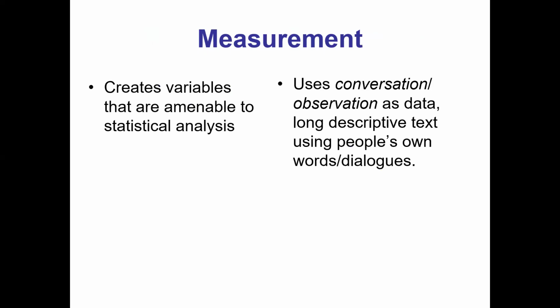For measurements, you use observation data or conversation data, long descriptive text using people's own words and dialogues. When you are doing the measurements, you need to think about how much data you are taking, and write it down in the scripts while doing qualitative research and building the stories.